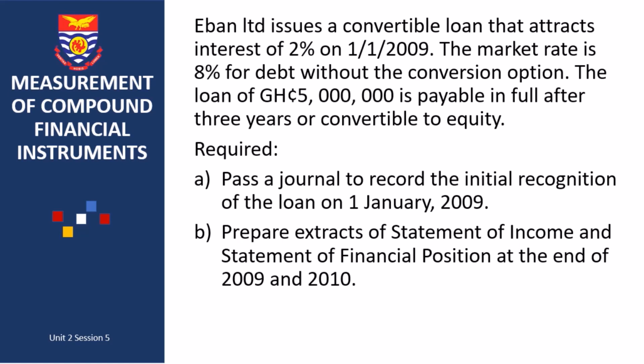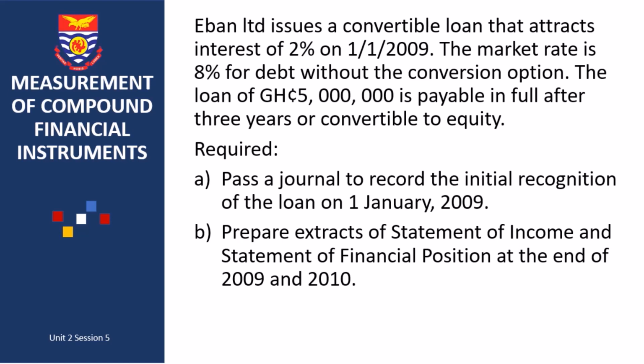Urban Limited issues a convertible loan that attracts interest of 2% on 1st January 2009. The market rate is 8% for debt without the conversion option. The loan of 5 million is payable in full after 3 years or convertible to equity. So this is a question.